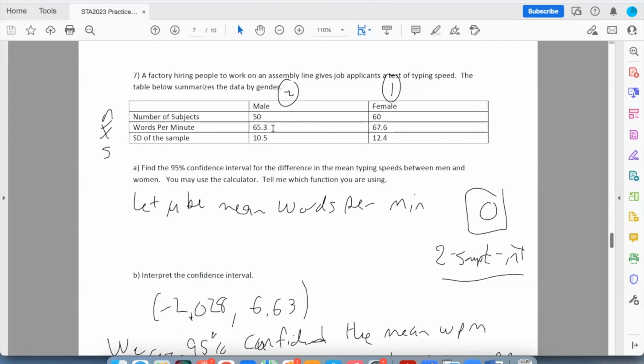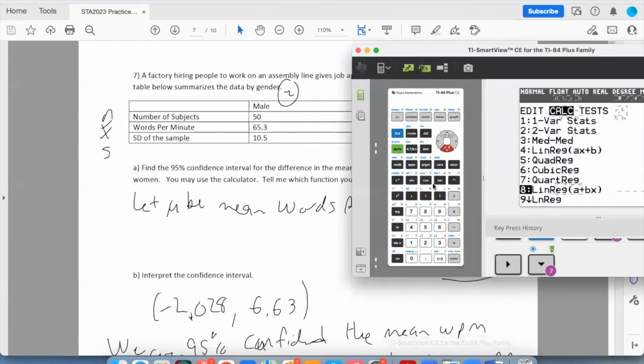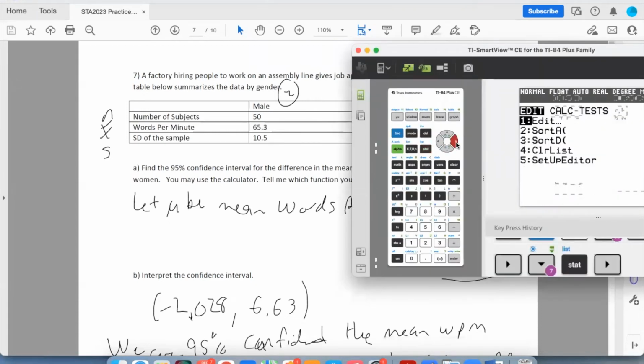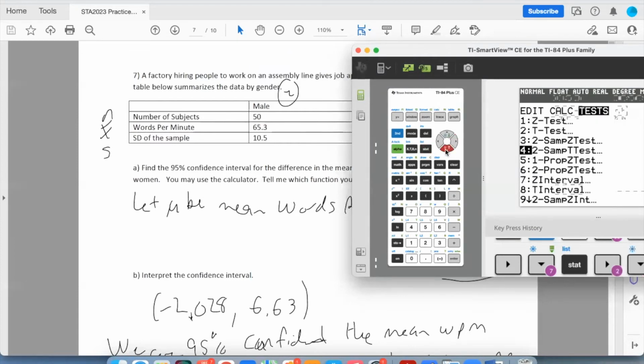Like you could just go to your buttons here in your calculator and see who has that. They look at 4, 2 sample test. It's close, not quite right. That says test. I want an interval. Oh, what about button 6?